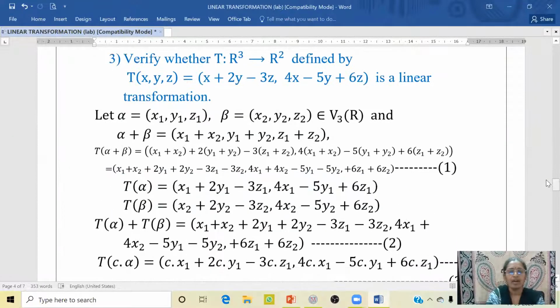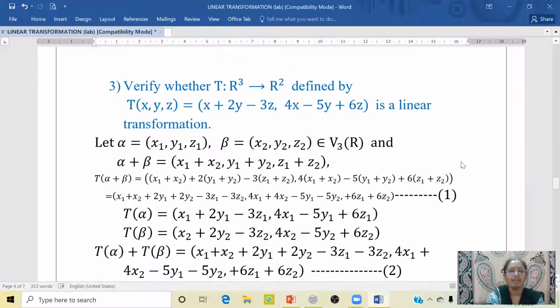So here you have an example wherein the transformation is from R cube to R square. It is from 3 dimension to 2 dimension. Therefore, T of x comma y comma z is mapped onto an ordered pair, that is x plus 2y minus 3z comma 4x minus 5y plus 6z. Is it a linear transformation or not?